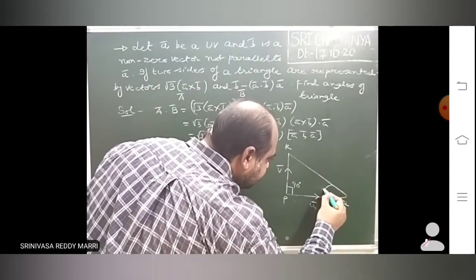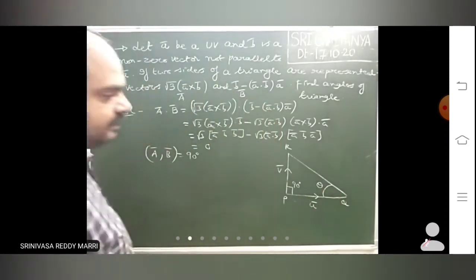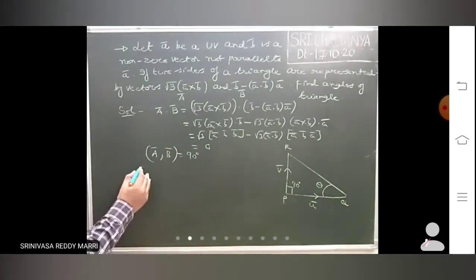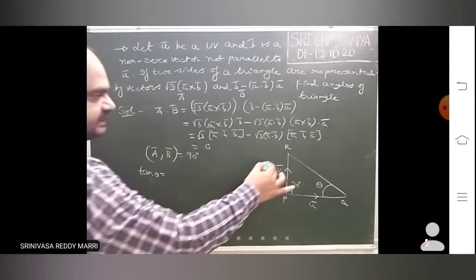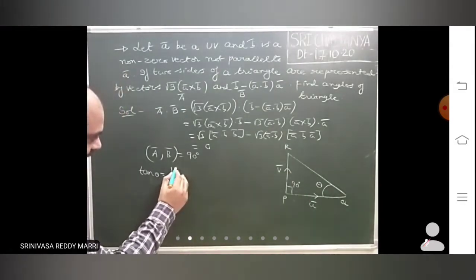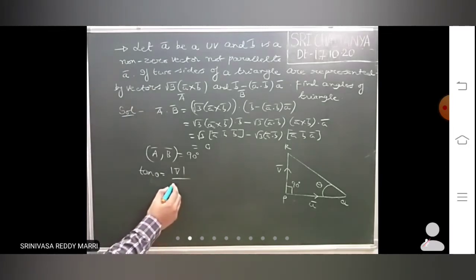So let us say this angle is theta. So therefore tan theta is nothing but opposite side, that means modulus V bar divided by modulus U bar.